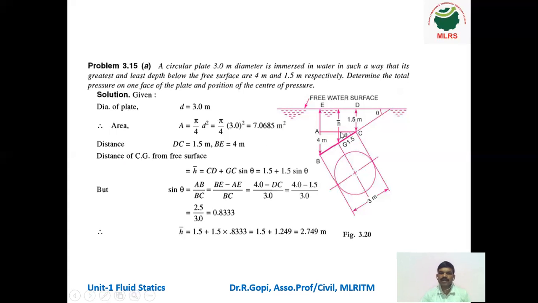This part from here to here we don't know. Once we know this height, we can easily calculate the overall height. Just add this value plus this 1.5 meter, as per our previous sum.